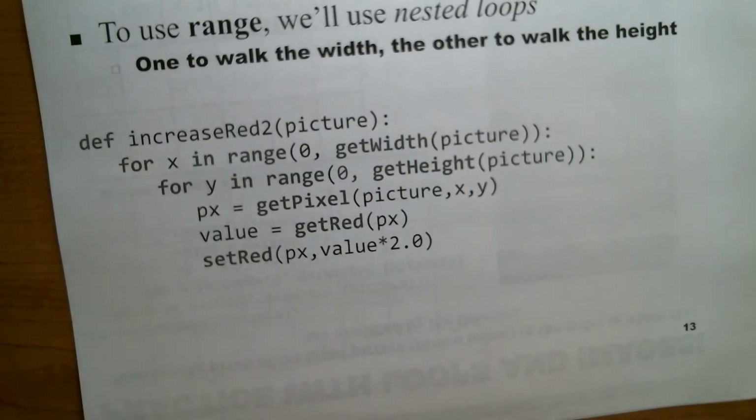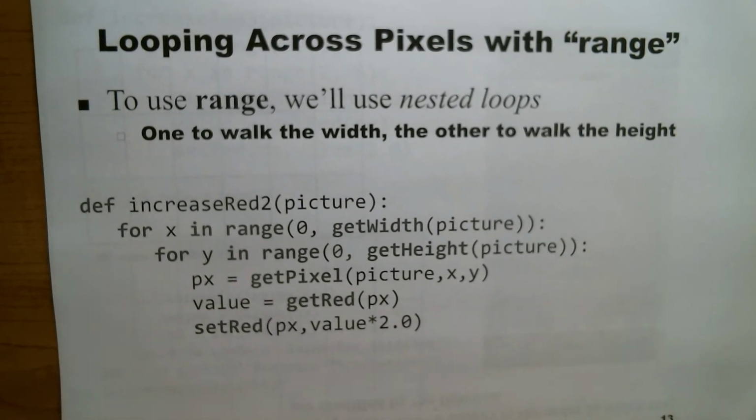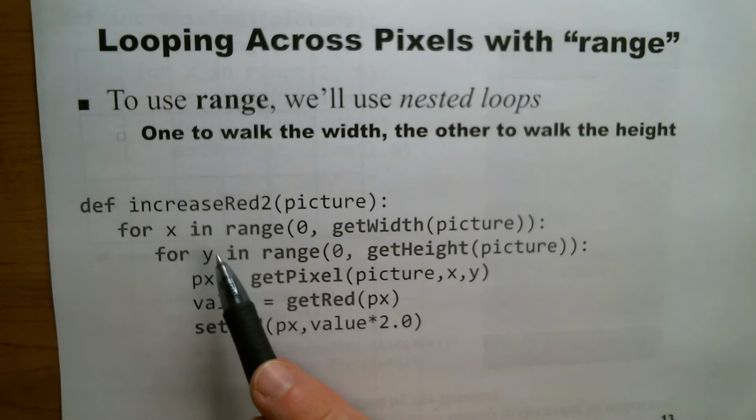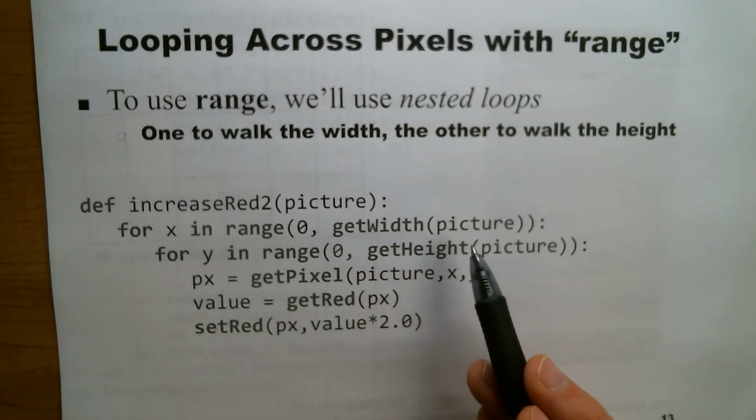So let's take a look at an example here. This says looping across pixels with range. To use range, we'll use nested loops, 1 to walk the width, 1 to walk the height. If we look at this, it says for x in range, 0 to get width of picture.